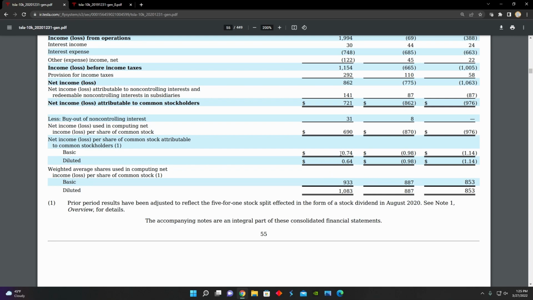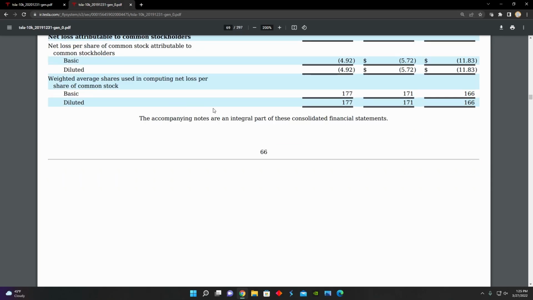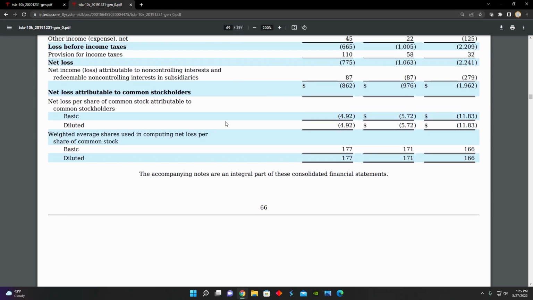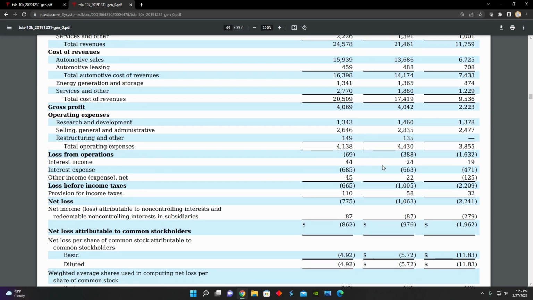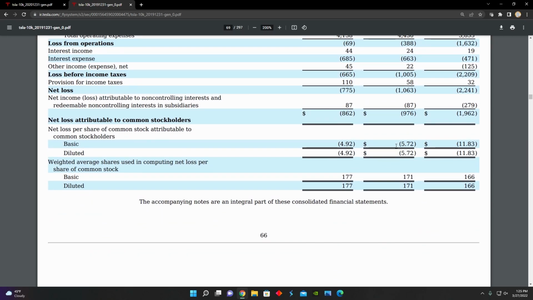And we can see that in their 2019 annual report with their income statement, if I scroll up here, it says 2018, 2019. We can see they experienced a basic earnings per share for 2018 of 5.72 and then for 2019 of 4.92. But after they did the 5-for-1 stock split, the amount of shares that they were using to make their calculations increased.